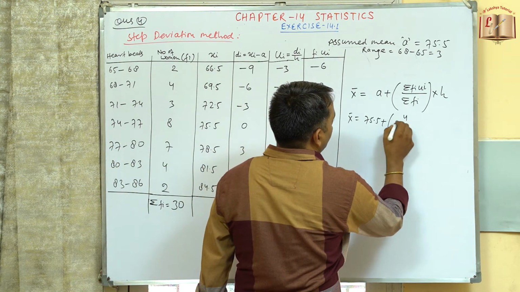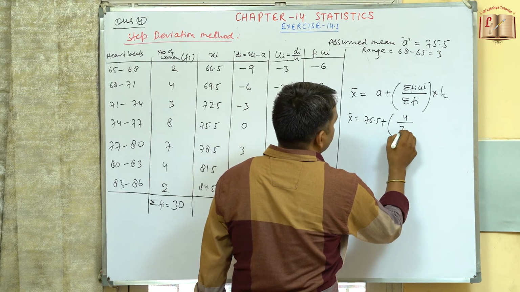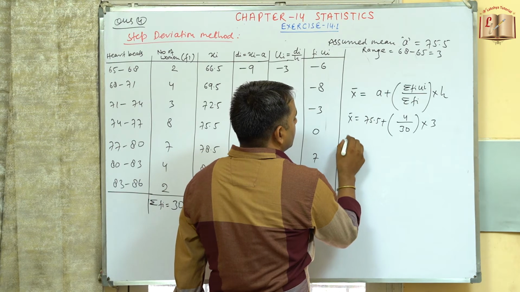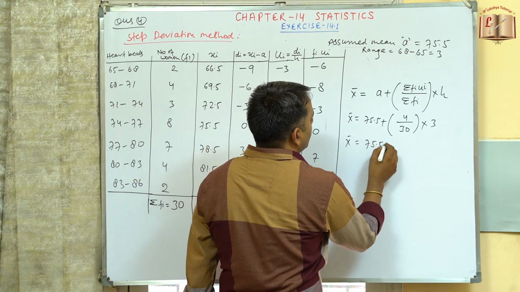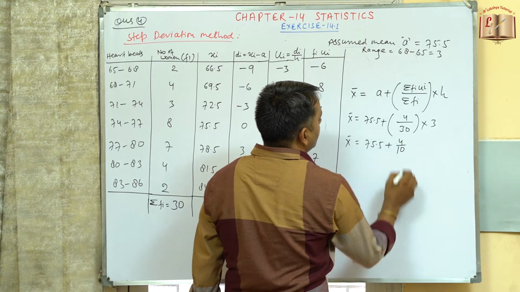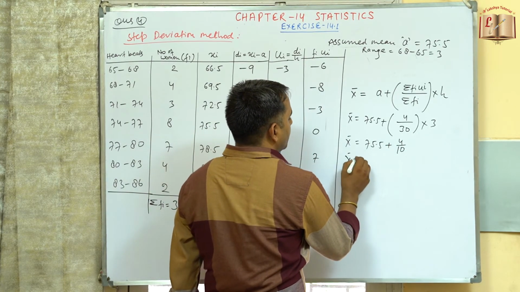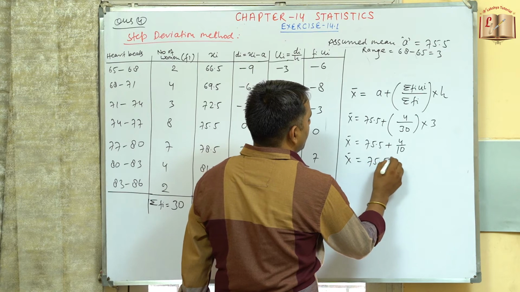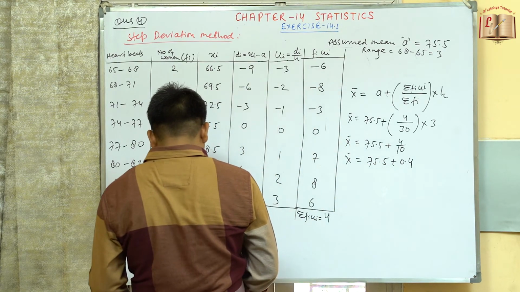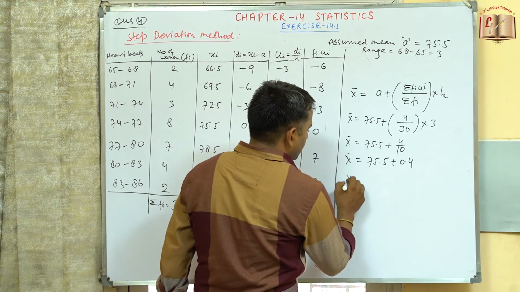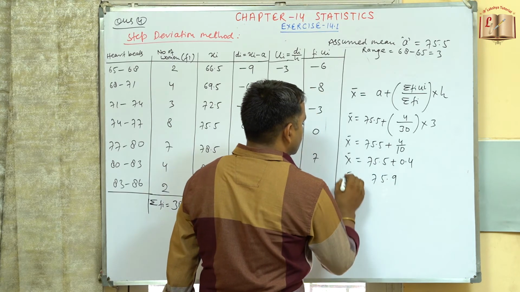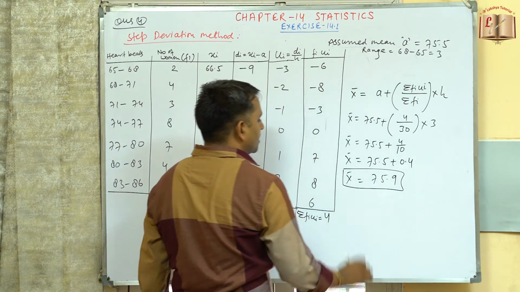So this will be 4 by sigma Fi is 30, into h is 3. So this will be 75.5 plus 4 by 10, or x bar will be equal to 75.5 plus 0.4. So now x bar or mean will be 75.9. So we got the mean.